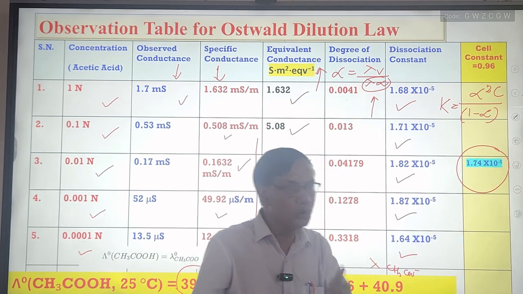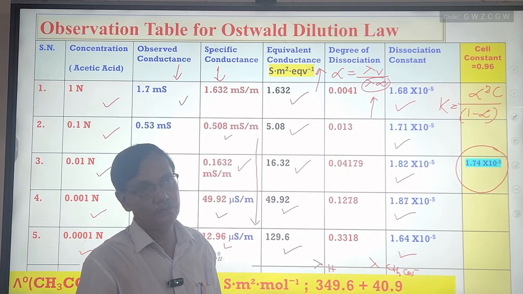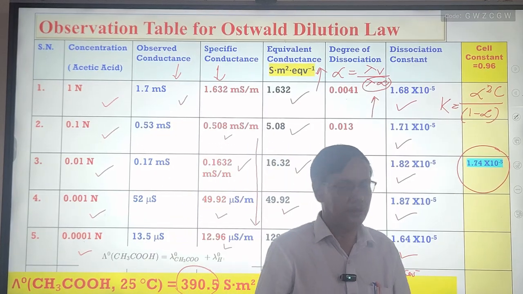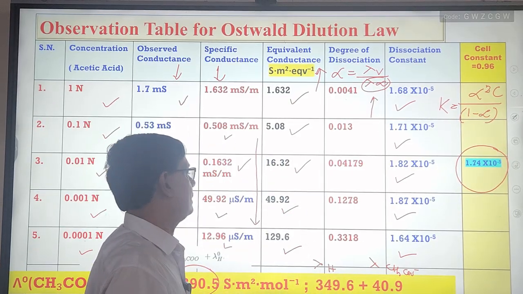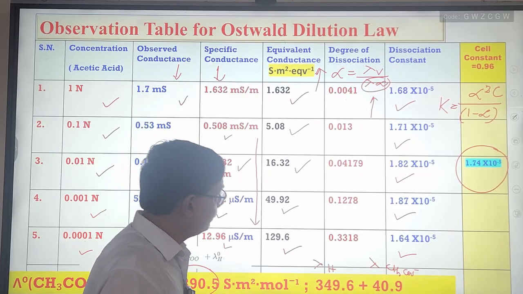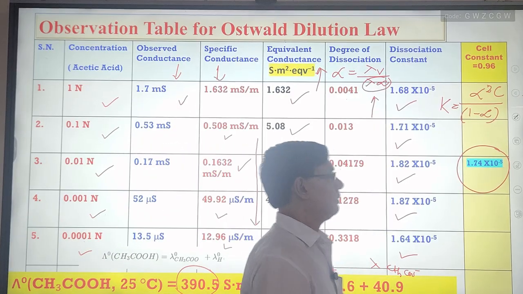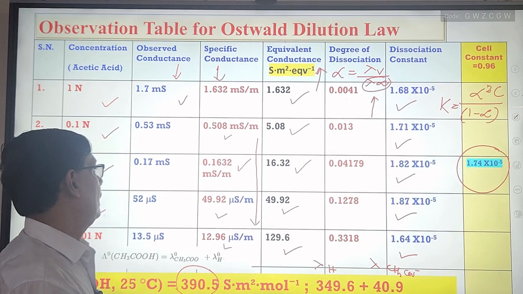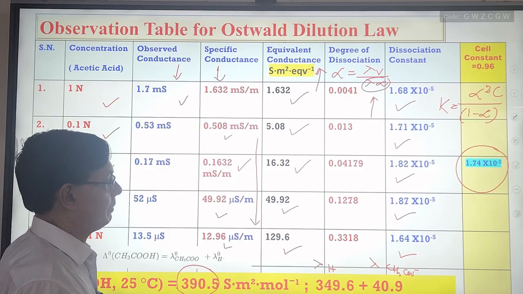It is very close to your standard values, which in some books is 1.75 into 10 to the power minus 5, and in some books it is 1.8. It depends upon the temperature and the observed conductance of the triple distilled water. But I am very happy that you have performed the experiment very carefully. Of course, my research scholars very carefully prepared all those solutions, and we took two conductivity bridges in order to get the correct values.